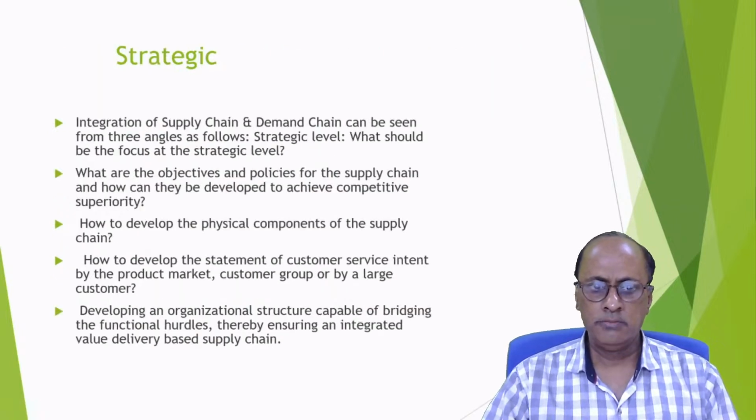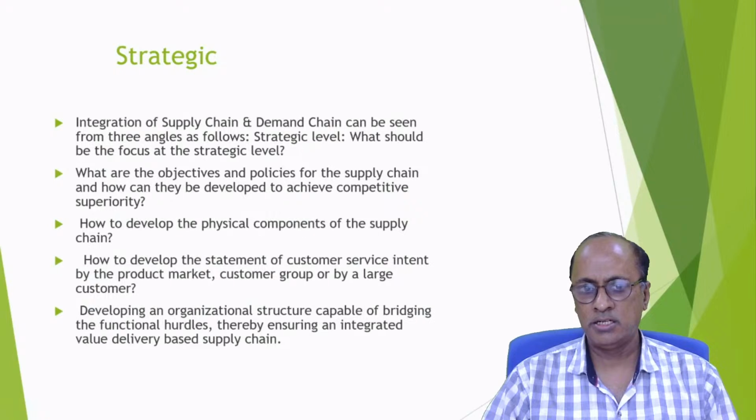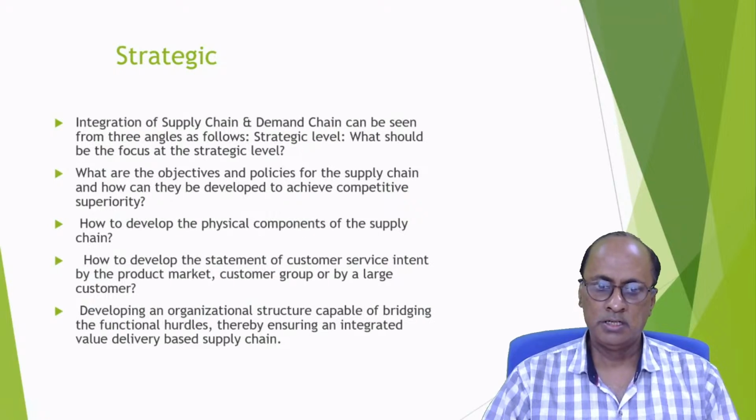Now, talking about the strategic level, integration of the supply chain and demand chain can be seen from three angles. Number one, the strategic level. What should be the focus at the strategic level? The strategic level is the highest level, done at the top management level.